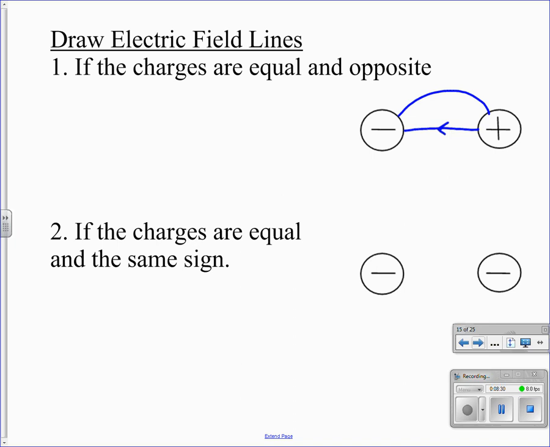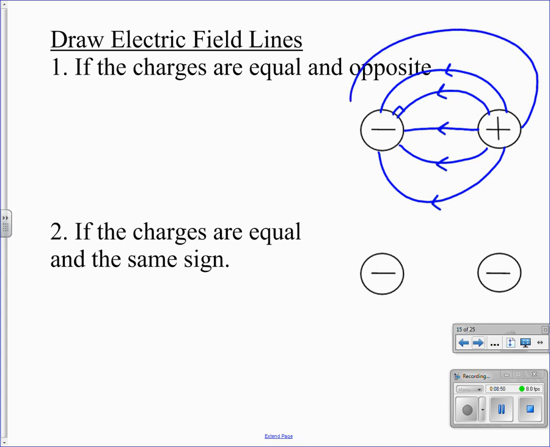Again, I'm trying to follow some rules here. I'm showing that the field is normal at the surface. And it's also important to recognize that when we have 2 charges like this, the field will bend. This looks a lot like what you would get if you worked with magnets.